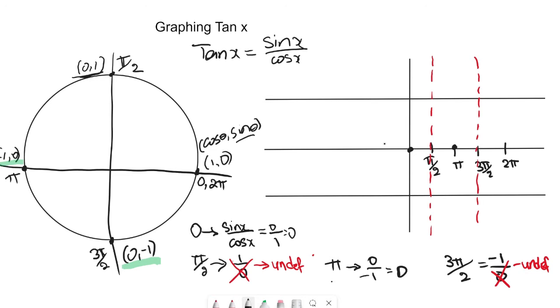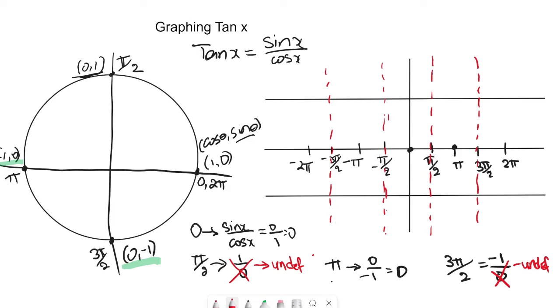Likewise, if we were to go in the opposite direction, this would be negative pi over 2, negative pi, negative 3 pi over 2, and negative 2 pi. And so we're still going to have a vertical asymptote at negative pi over 2, as well as negative 3 pi over 2.